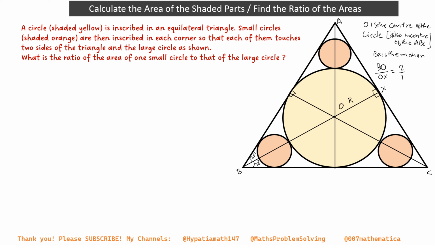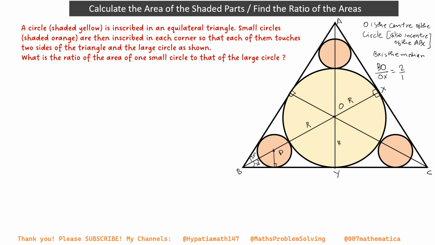So the radius was R of the large circle, and this could be Y, so this would be R as well. And if I have a center to the small circle, if I were to call it P, and if we are to draw the radius of the small circle that is touching the tangent, that would be at right angles to the tangent.